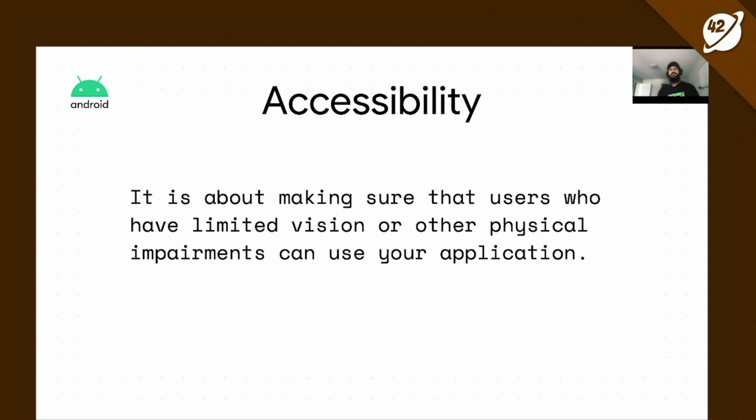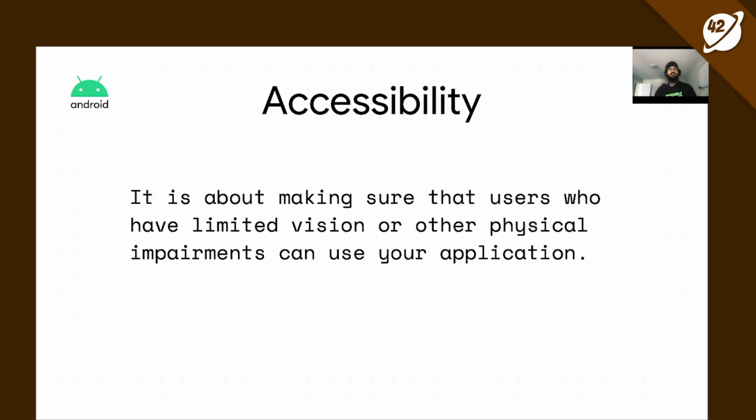There is not just a single source that a user can use to use your application, for example, just a touch. So in general terms, we can say that accessibility is making sure that everyone who has any kind of disability, like color blindness or any other physical impairments, can also access applications.